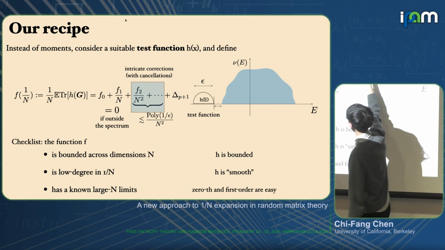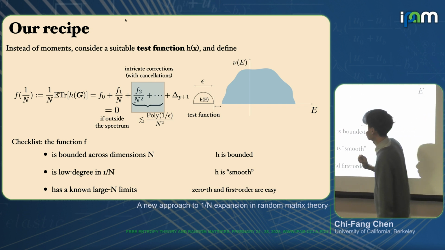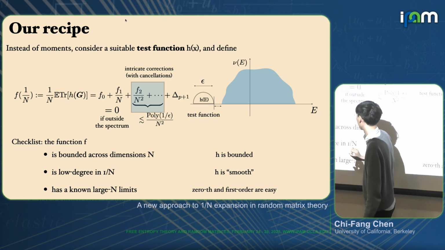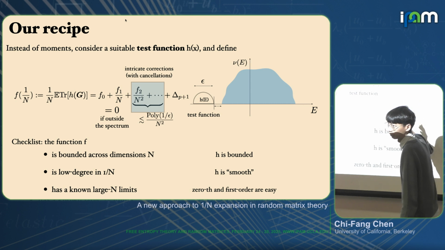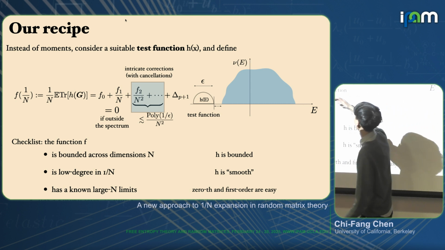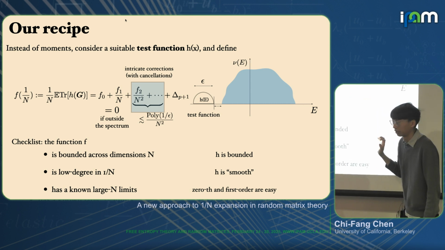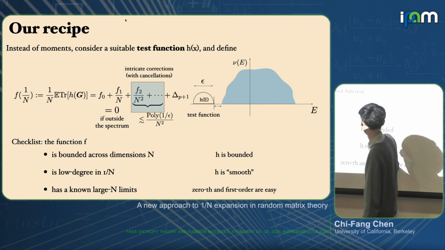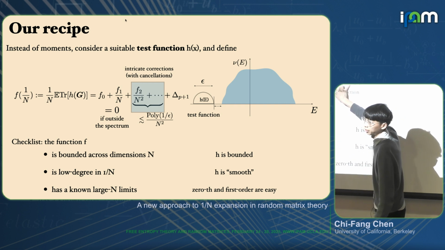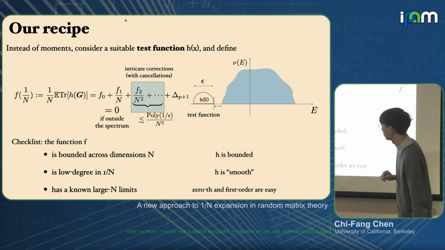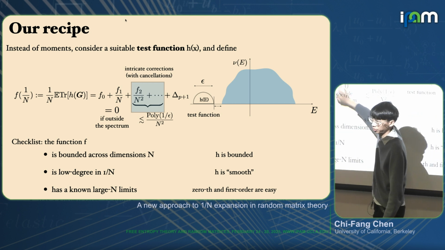Here we really want something that's bounded. And with low degree, you have to be a bit careful, because if you want a test function that looks like this, you actually have infinite degree. So you have to make sense of how fast this could be approximated by a low degree object. You need to do a little more work, but it roughly says that h is smooth and nice and has a finite width. And then indeed for this to work, you need to understand the first two terms.